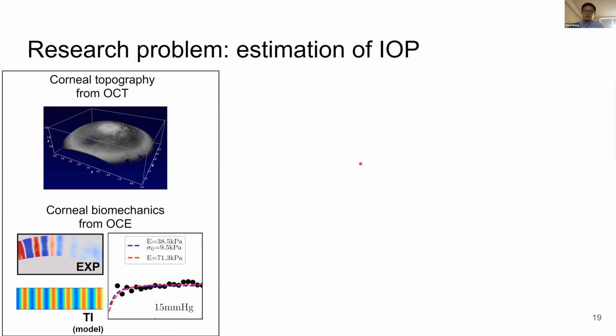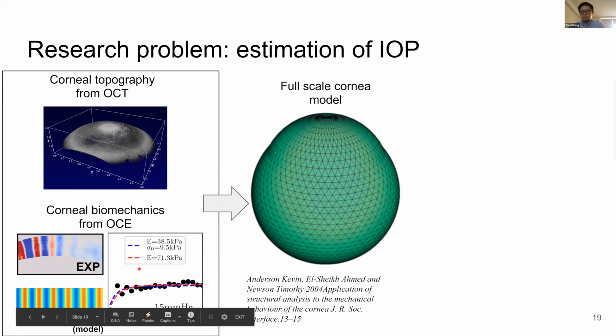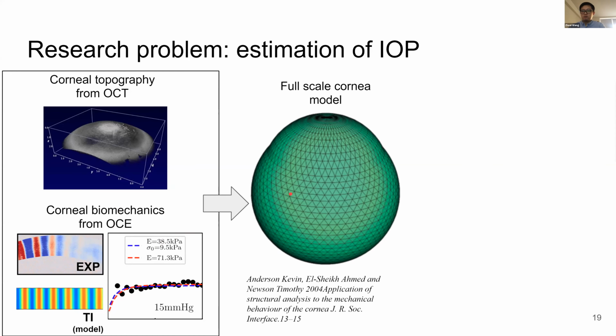So back to our research problem, we want to estimate the intraocular pressure of the eyes. So from our measurement, we can obtain the topography or the geometry of the cornea through the OCT. We can obtain the dynamic response of the cornea from the OCE measurement. We will have this as the input to our full-scale corneal model.